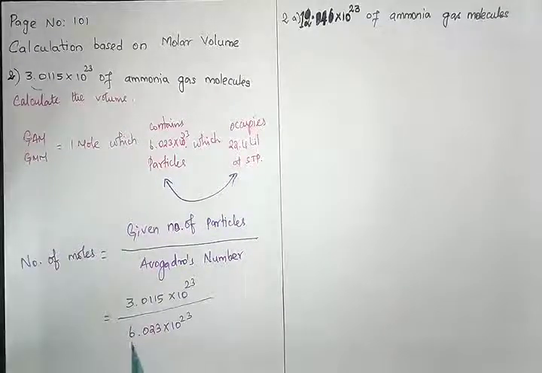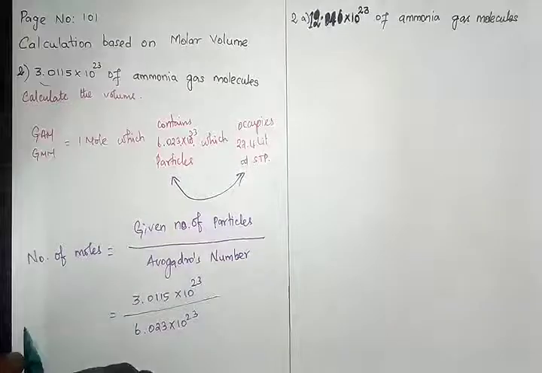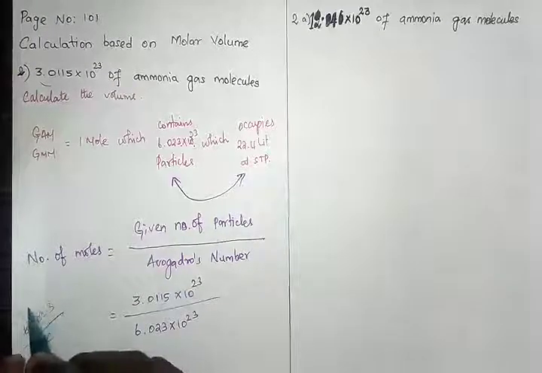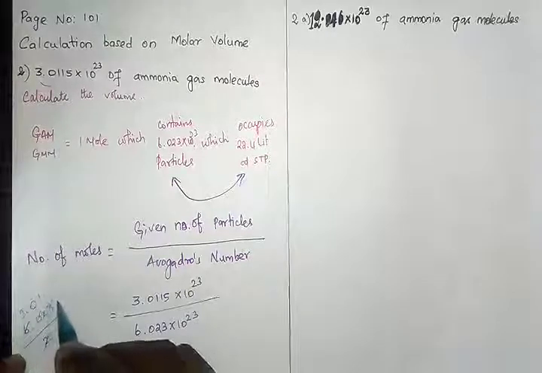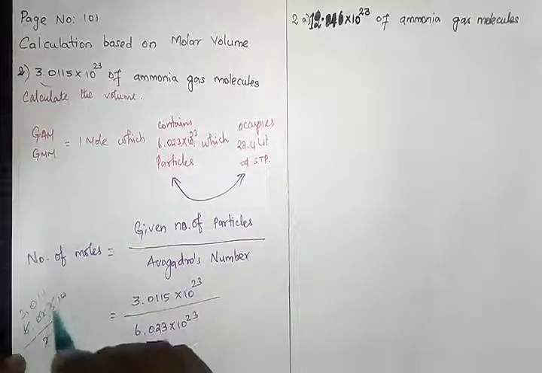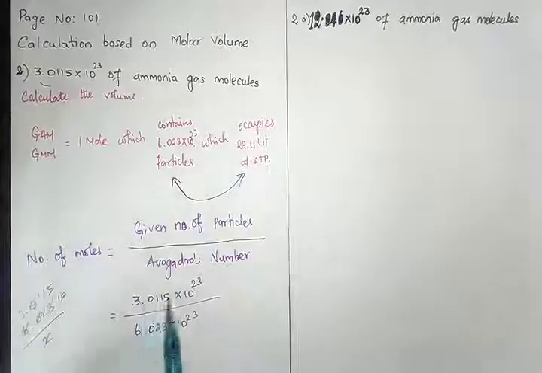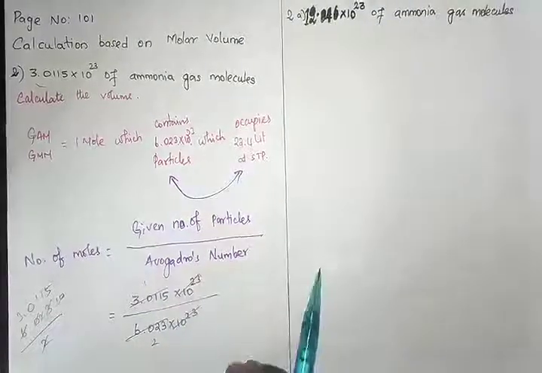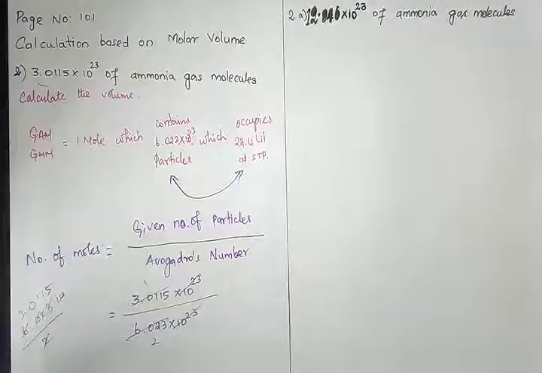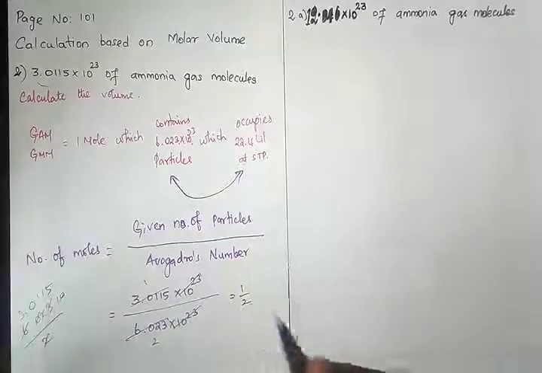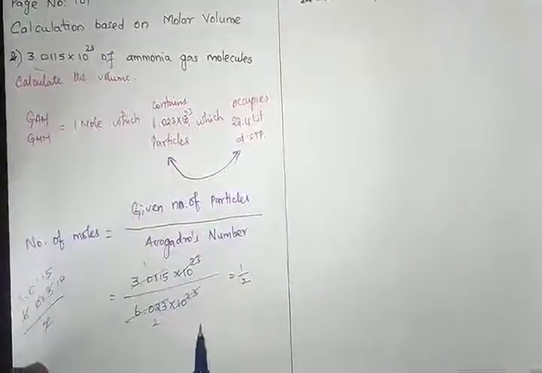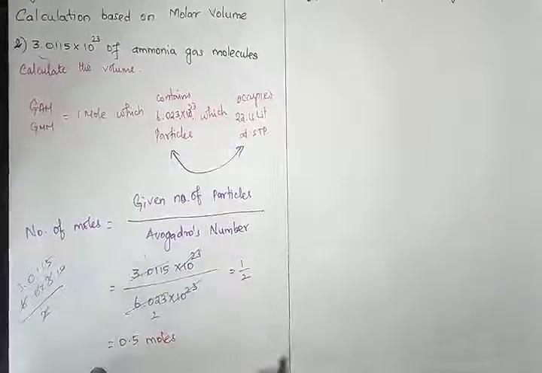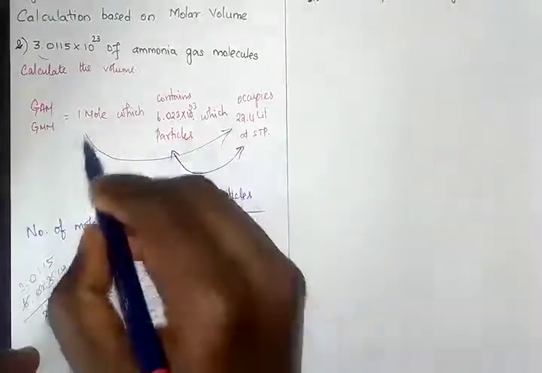Half of 6.023 will be 3.0115. So this is 1 time, this is 2 times. So these two will get cancelled. So what is the answer we will get? The answer we will get is 1 by 2. 1 by 2 is nothing but 0.5 moles.